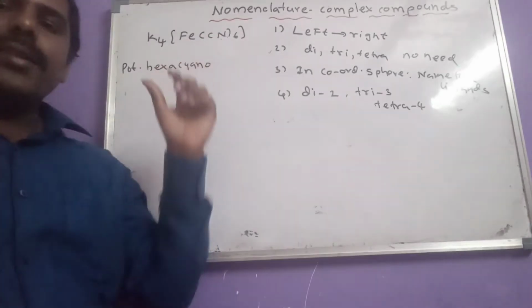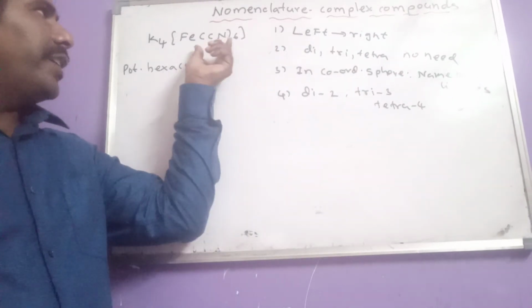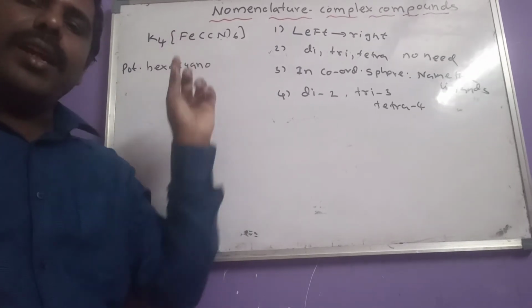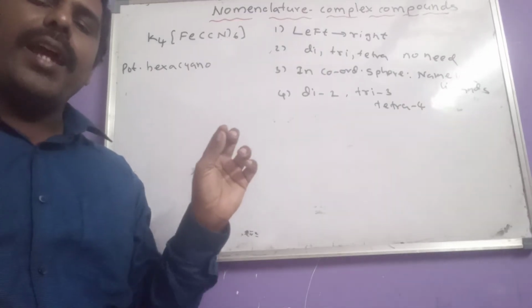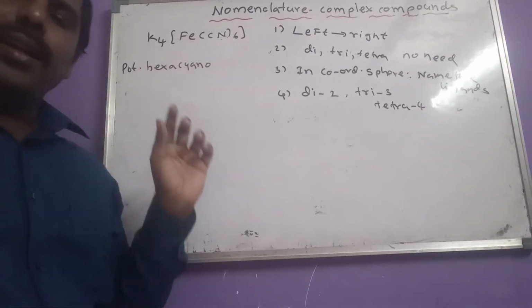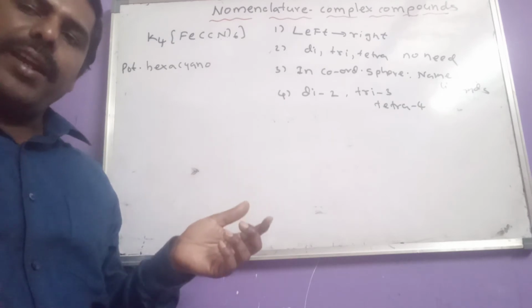After naming the ligands, we have to name the central metal ion. While naming the central metal ion, one thing we have to remember. If it is an anionic complex, the central metal ion name should be in Latin. If iron is the central metal, it is named ferrate.